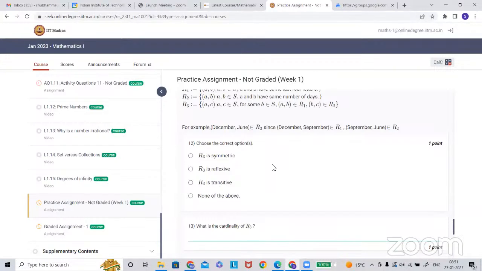I understood it to some level, but I couldn't understand the partition properties, sir. Like how it is partitioned in 3 types: 30 days, 31 days, and 28 for February. Can you just explain the partition property there? Yeah, sure. Just give me a minute.